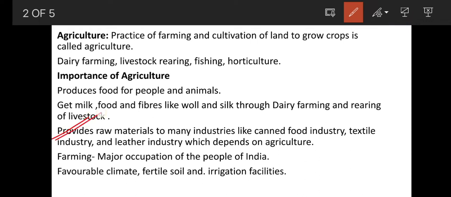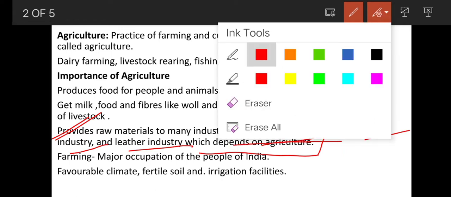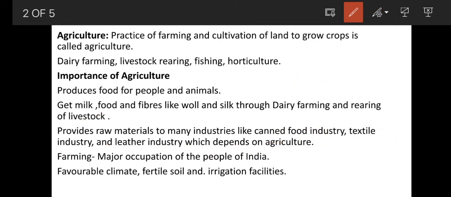Agriculture also provides raw materials to many industries like the canned food industry, textile industry, and leather industry, which depend on agriculture. So, dear children, there are many industries in our country, India, and those industries cannot run without the raw materials which are obtained from agriculture.